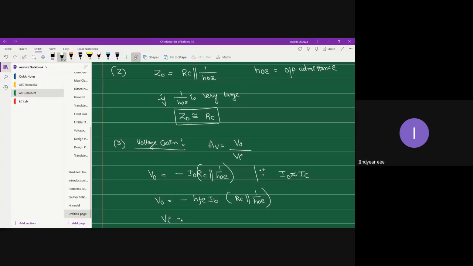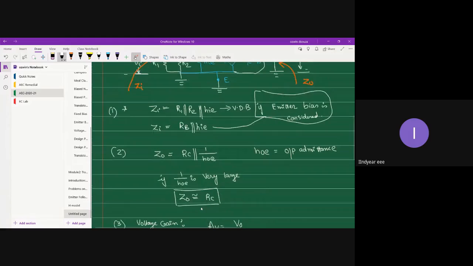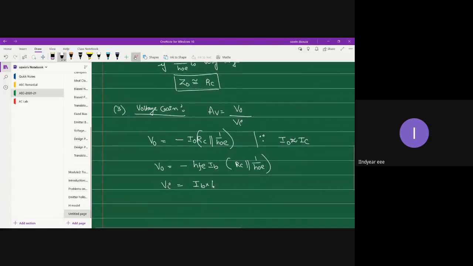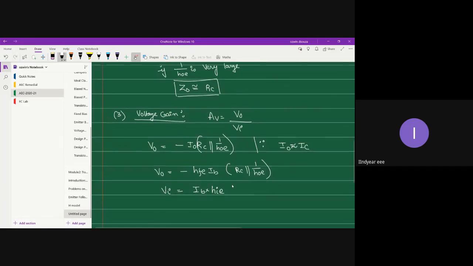And VI we can write as IB into HIE. I hope you understood.